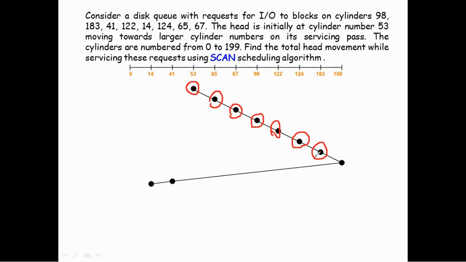Next, the head will reach the end. The end is 199. And it will start moving to the other end of the disk, servicing the requests 41 and 14. Since there are no requests, the head will stop here.